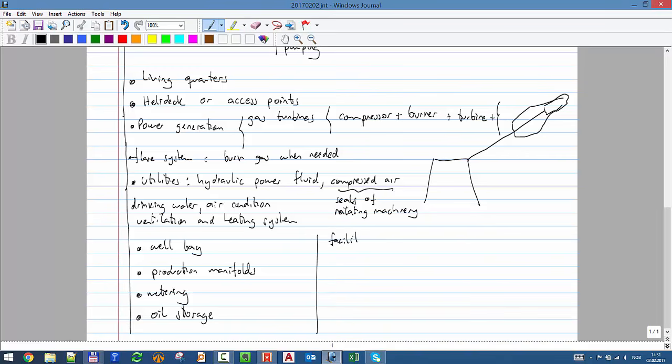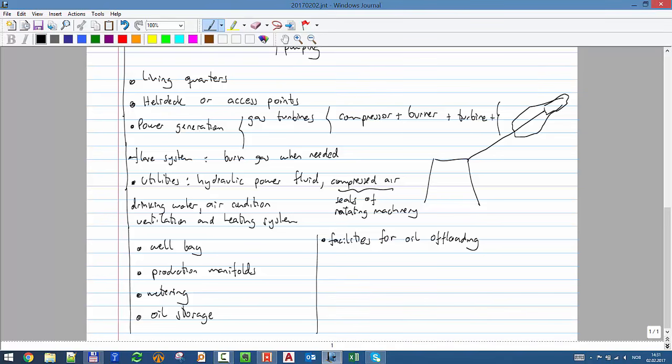Facilities for oil offloading. Usually the offloading of the oil to a tanker you don't do on the platform, but on a floating structure, a buoy that is next to it, far away from the platform. So you have a system that will pump the fluid from the platform to the buoy.